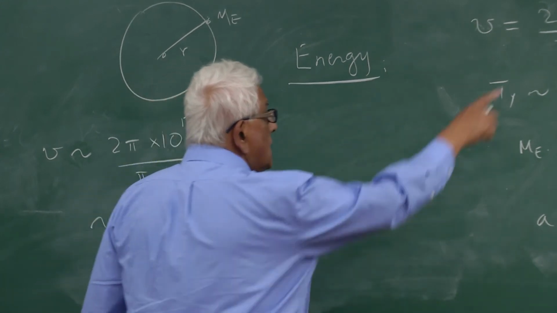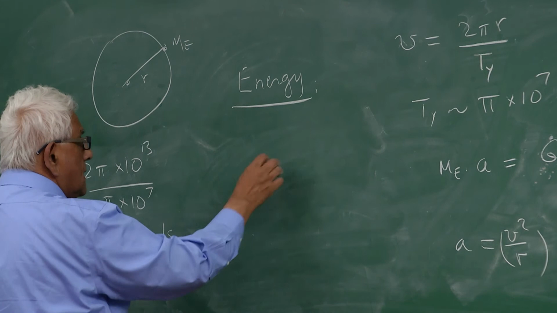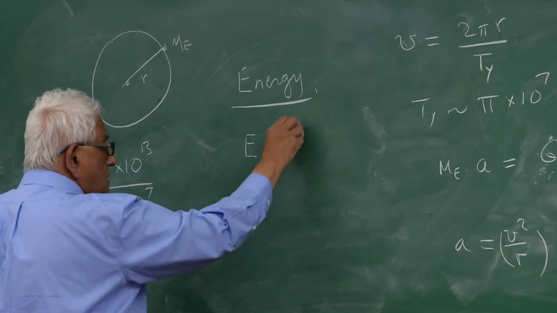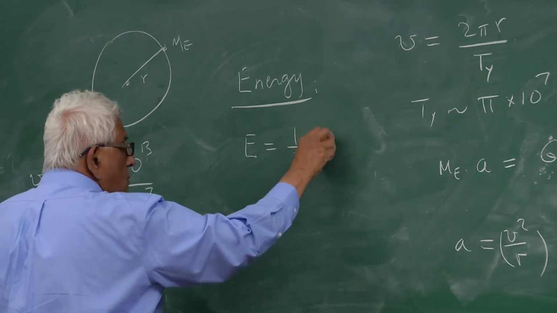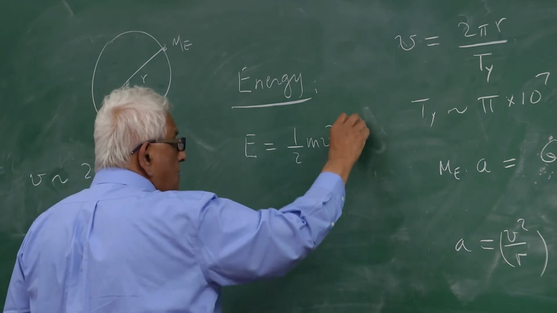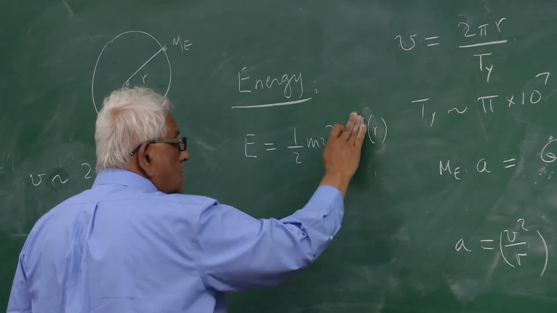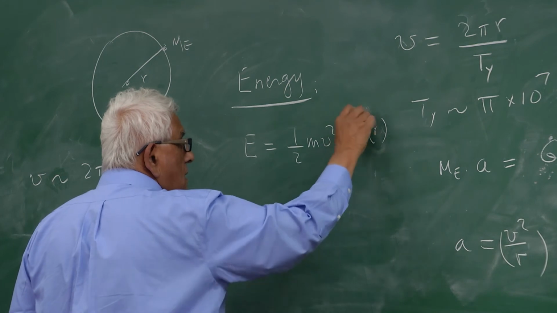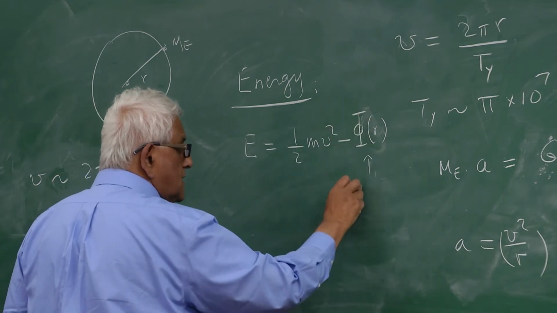You see, what we had, the energy for a single particle is half mv squared minus V of r, or I'll call it phi of r. So this is the potential energy.